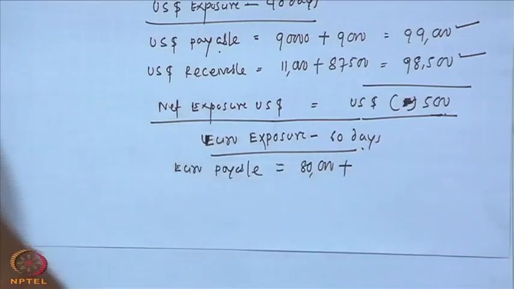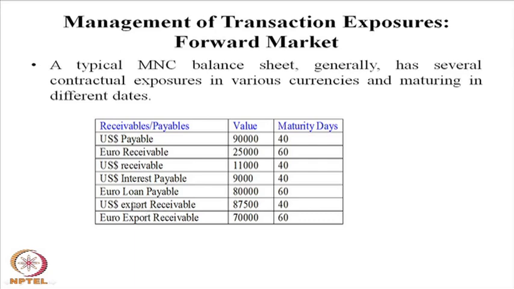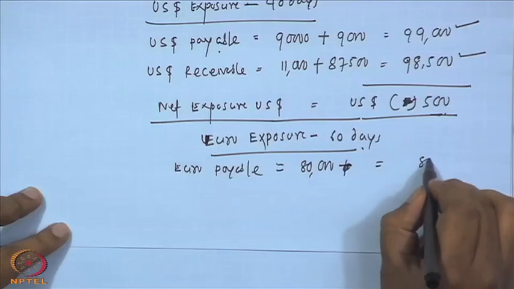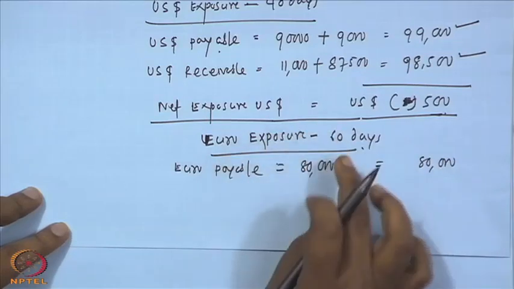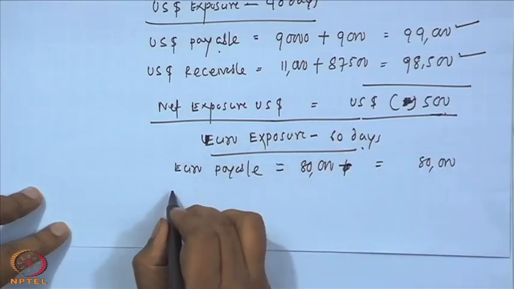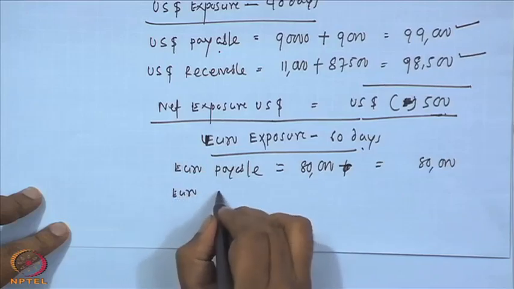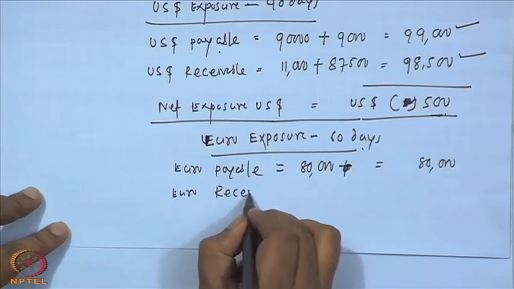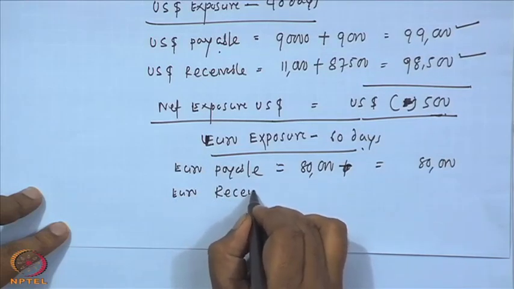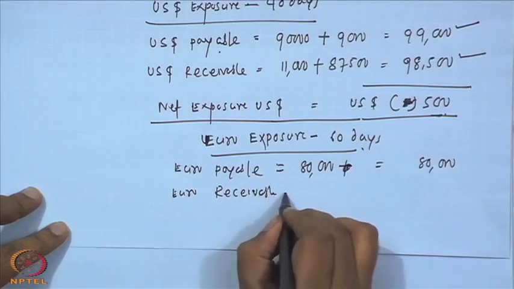Similarly, are there any other euro payables? No. So the entire exposure is 80,000 euro payable due on the 60th day. Similarly, euro receivables are there. How much?